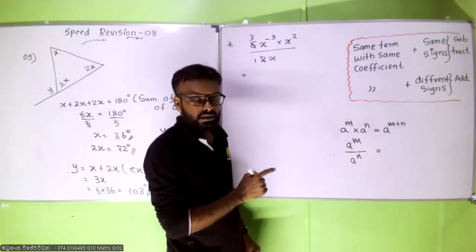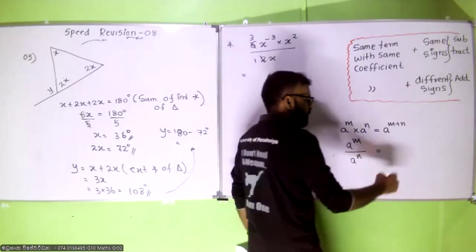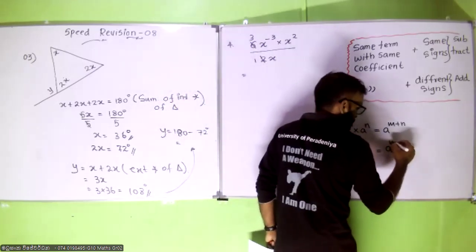When you have the same base a and you divide, you subtract the powers: m minus n.